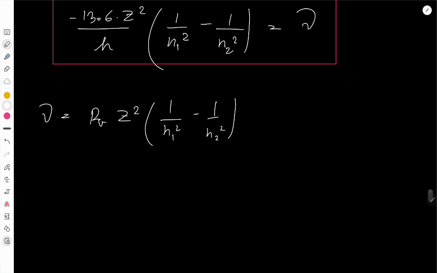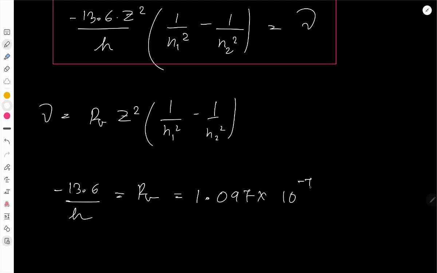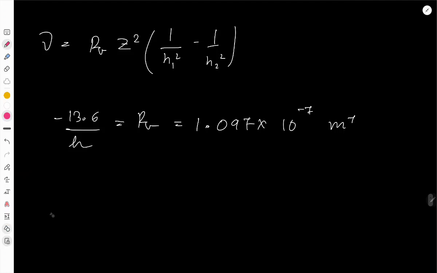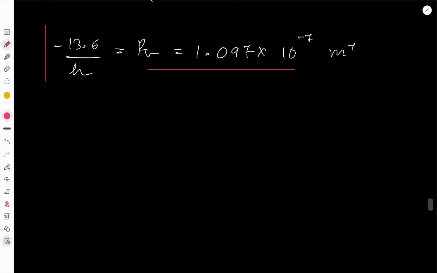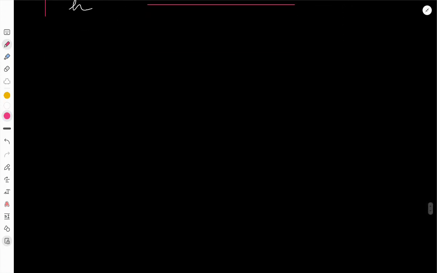So now what they meant to say was minus 13.6 upon h was equal to Rydberg's constant, which was equal to 1.097 into 10 to the power 7 meter inverse. And if we calculate the values, this is exactly what we get. So it gave a firm belief that yes, all the things that we have been working on are correct.